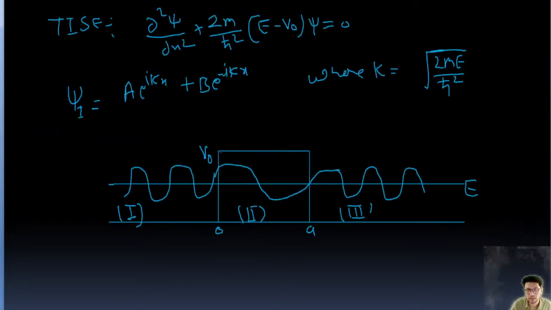This is case 1, and the condition is V naught greater than E. You can see from the figure clearly that E is less than V naught.